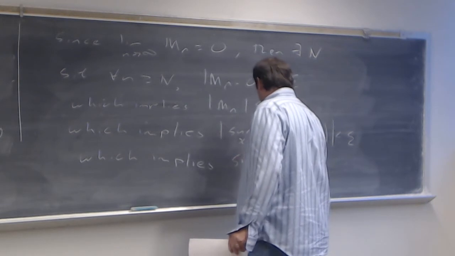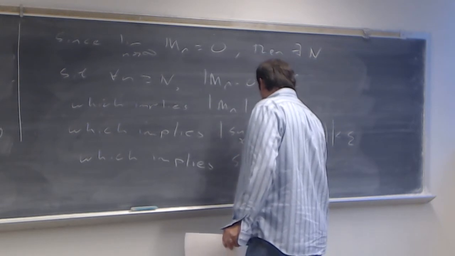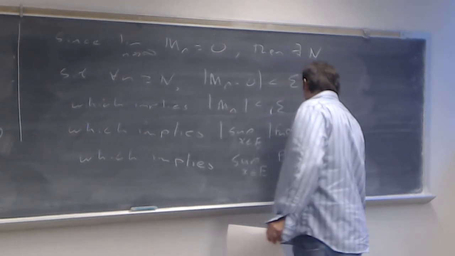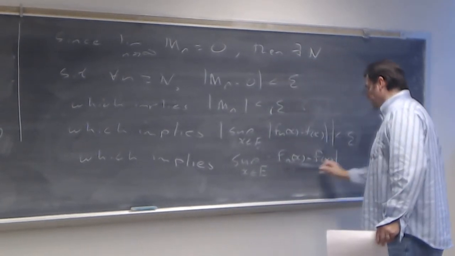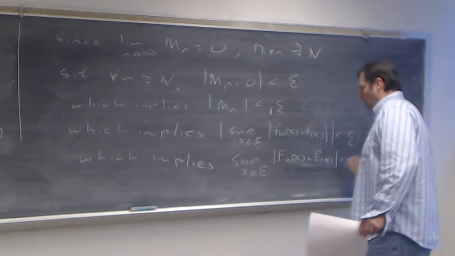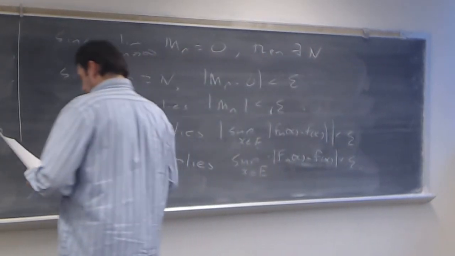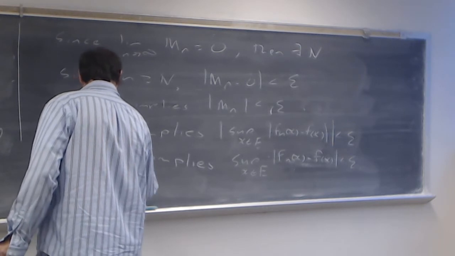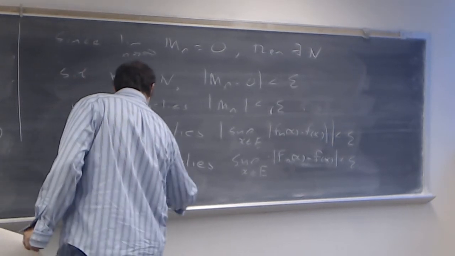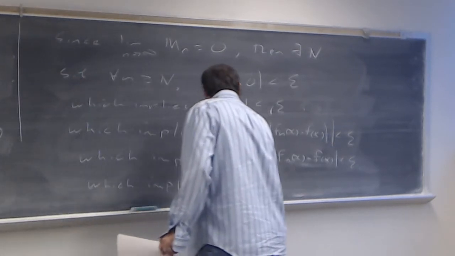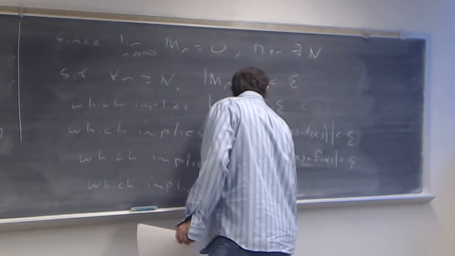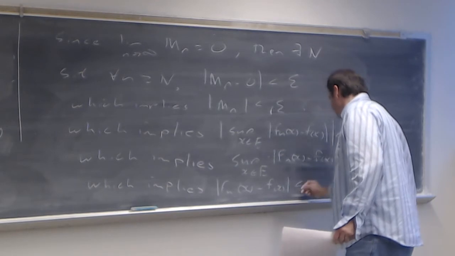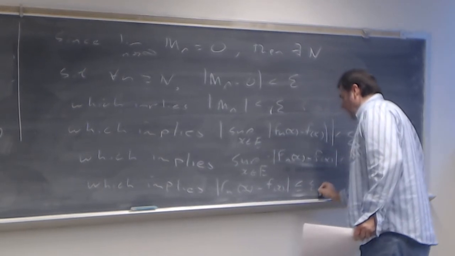that the sup over x in E of the absolute value of f sub n of x minus f of x is less than epsilon, and that implies that the absolute value of f sub n of x minus f of x is less than or equal to epsilon.